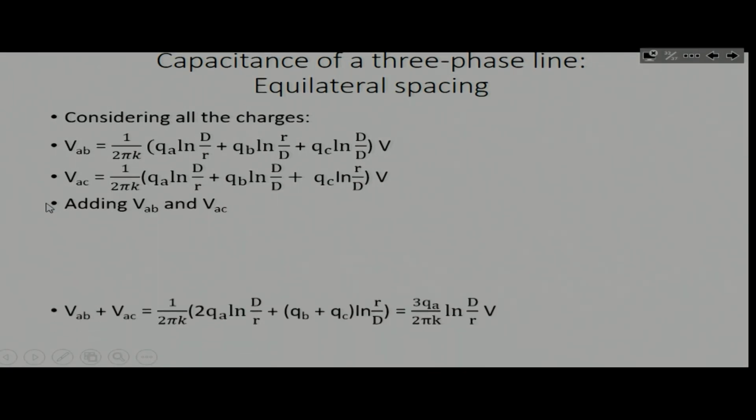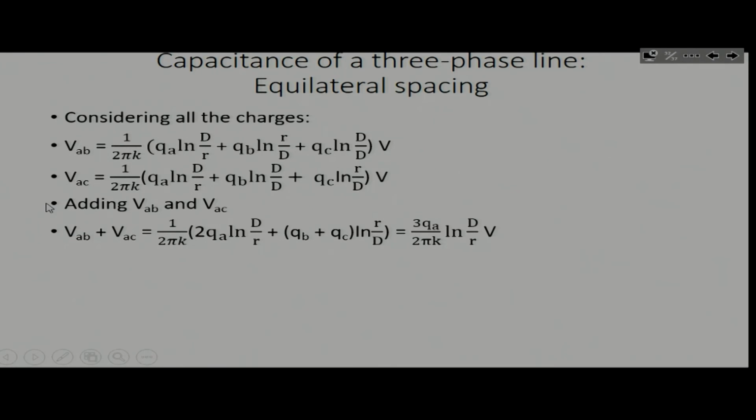And if we add those two, we get VAB plus VAC is 3QA over 2 pi k ln D over R.